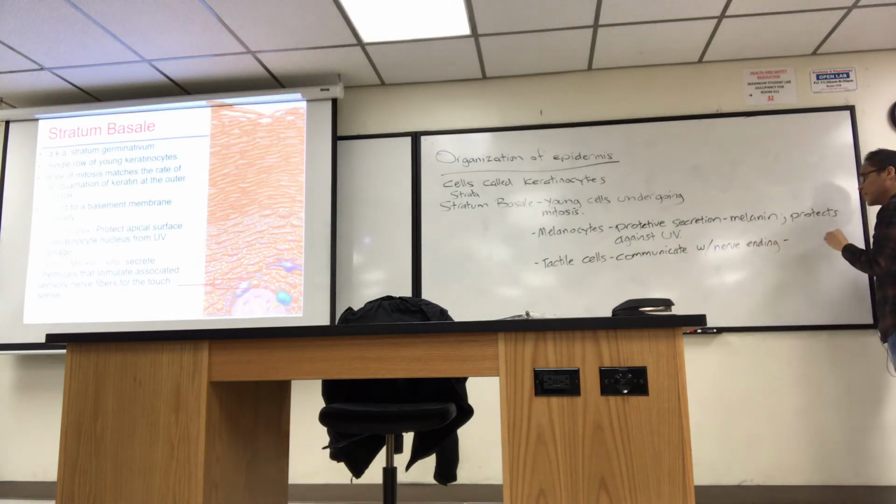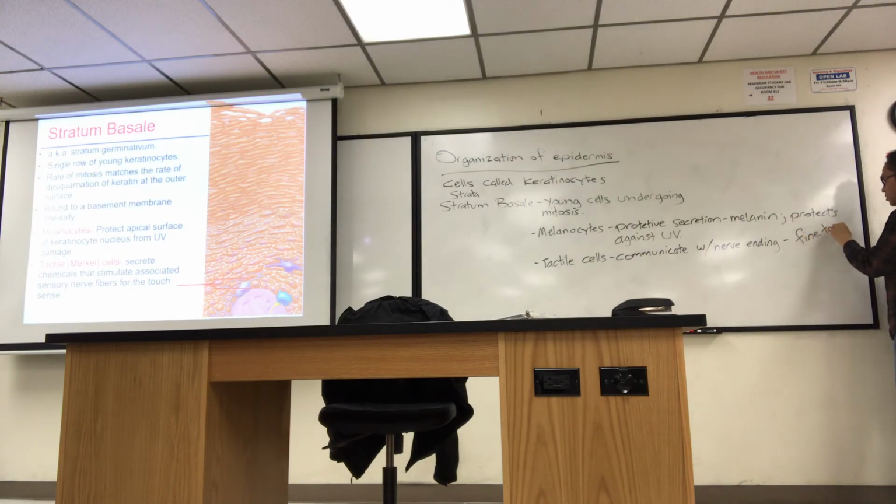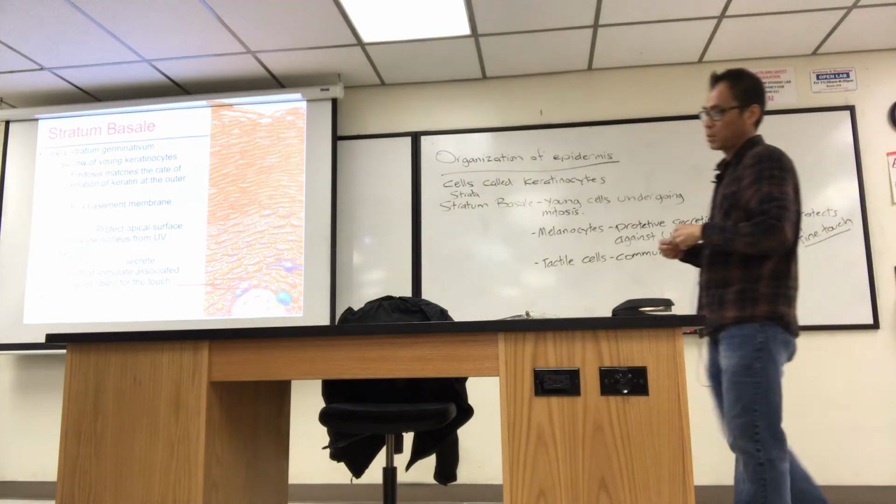So this is like the sensation of fine touch. I'm blindfolded. Am I touching silk? Am I touching sandpaper? I can tell the difference. That's basically this sensation. All right, so that's the bottom layer.